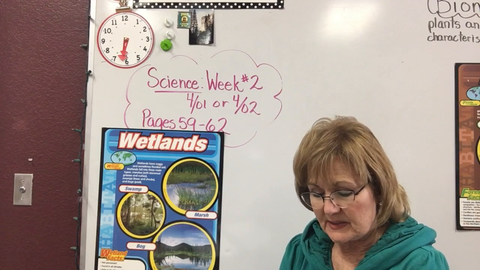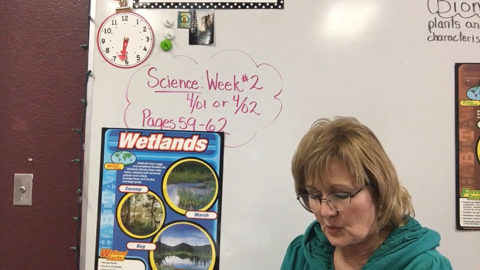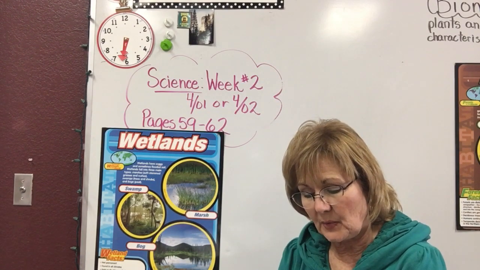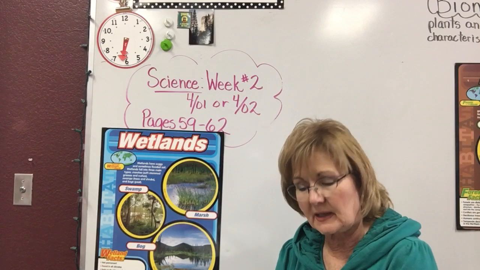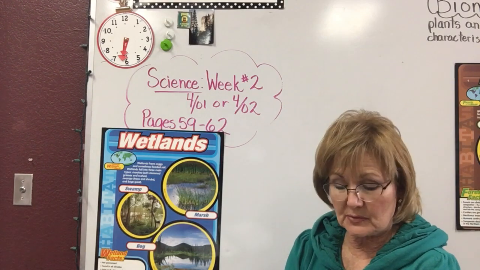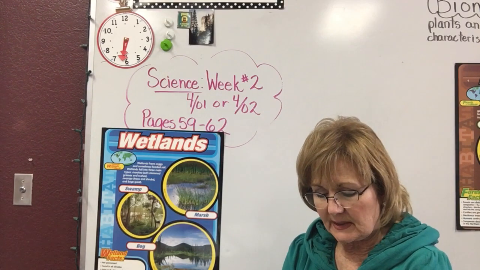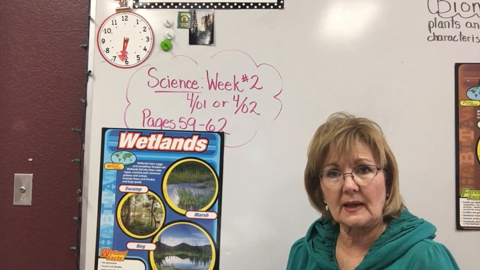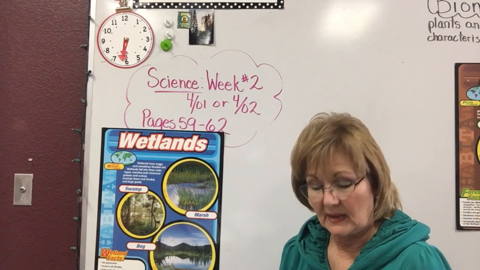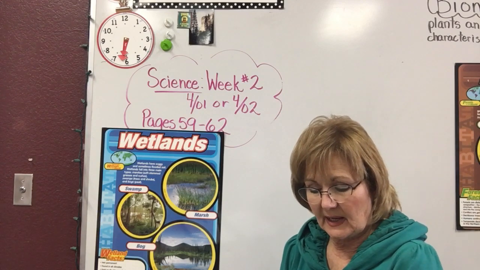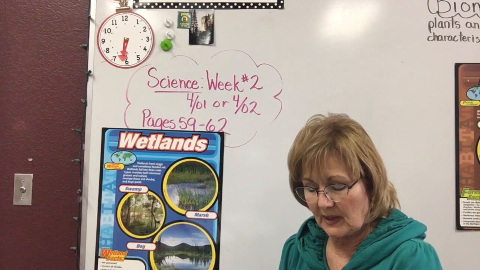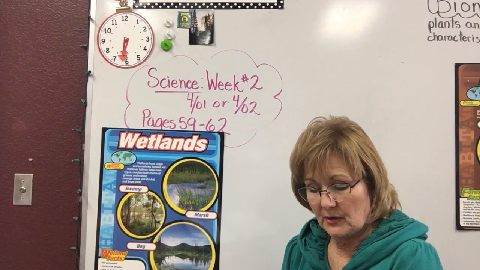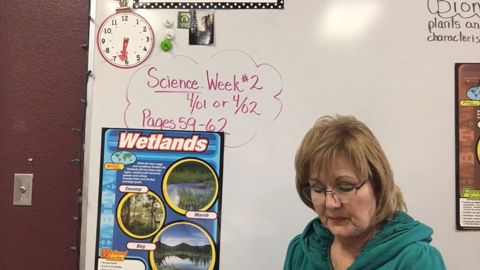Look at the pictures. Identify the freshwater habitats by writing the correct letter on the line in front of each habitat description. So let's go on down to number 1. Okay, what does that say? Right, this habitat carries water to a river. The water moves quickly.